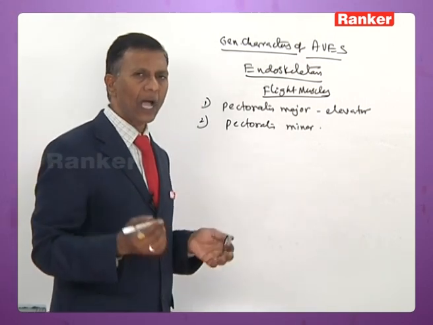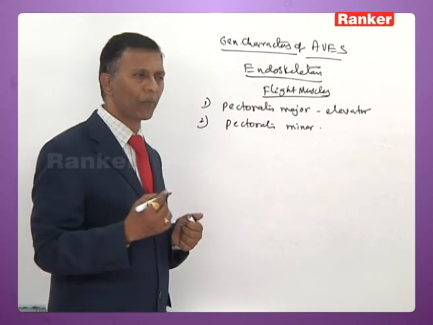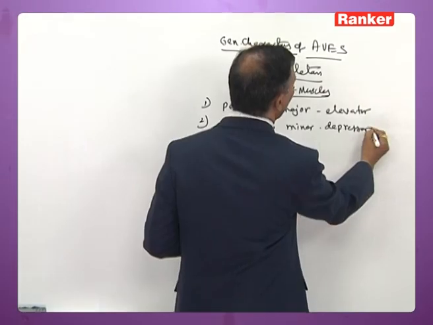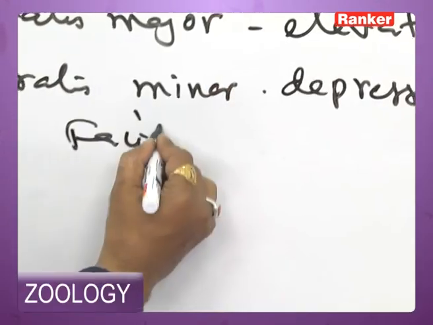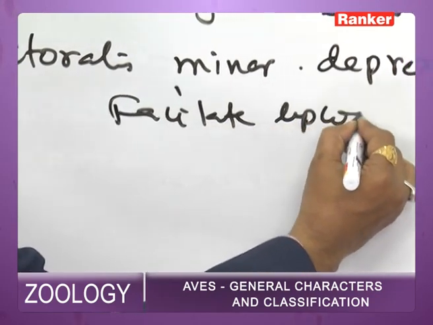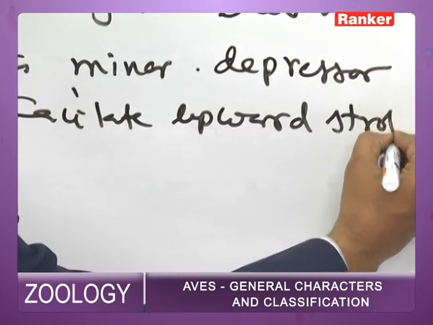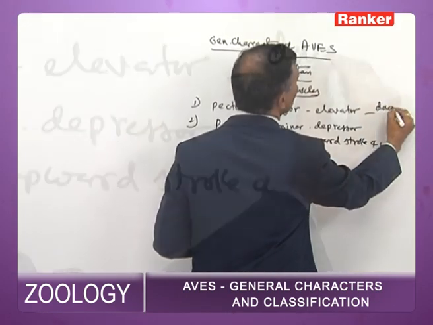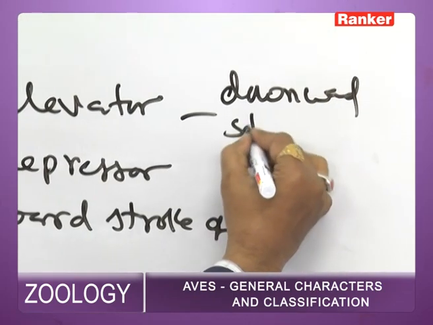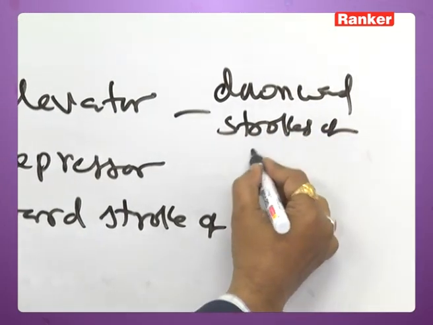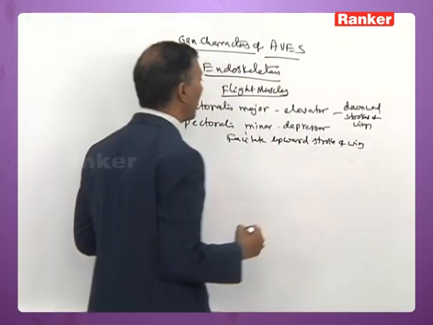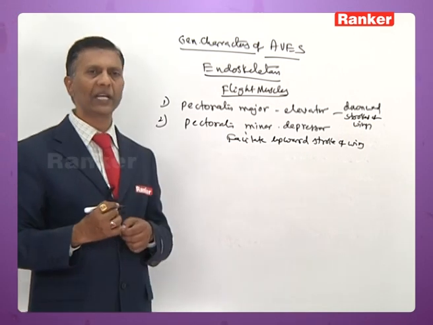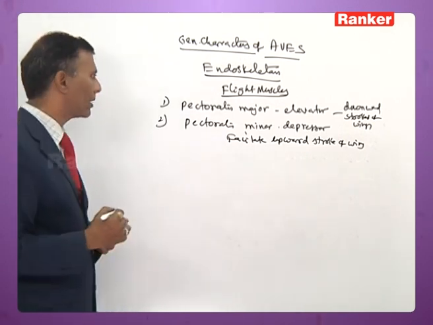Since they facilitate upward strokes of wings and push the body downwards, they are called depressors. Pectoralis major facilitates downward strokes of wings. Pectoralis minor facilitates upward strokes of wings.